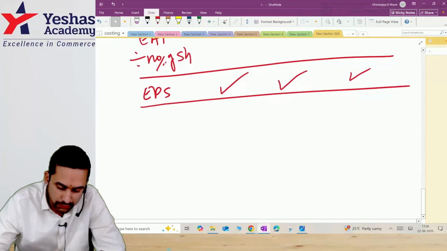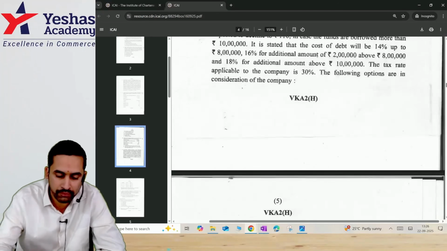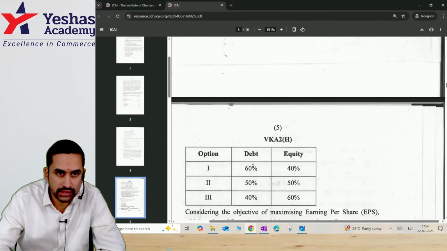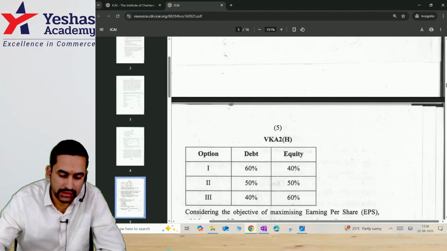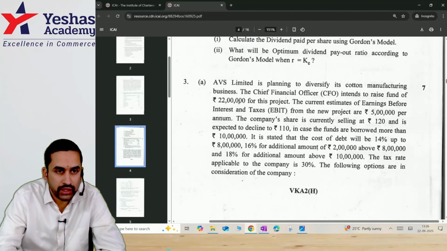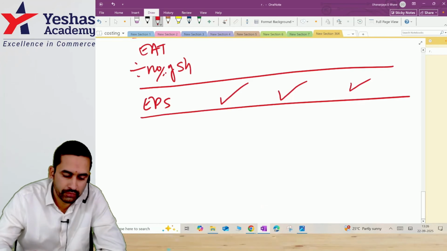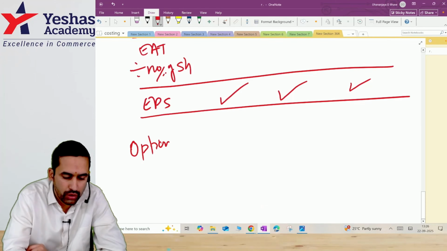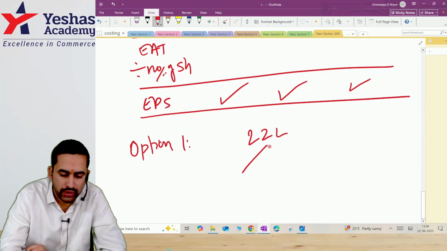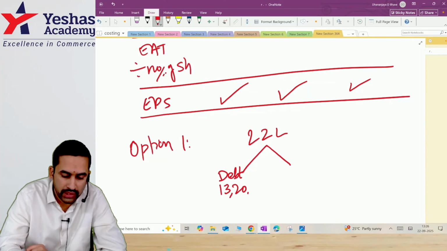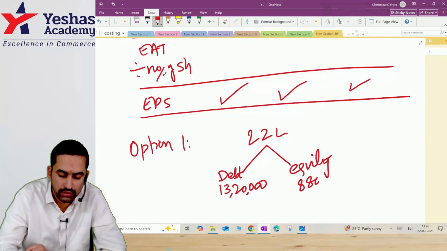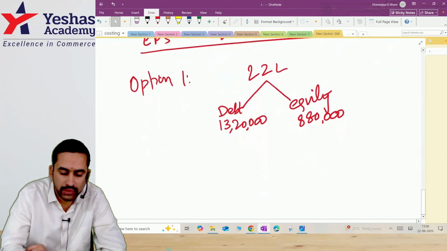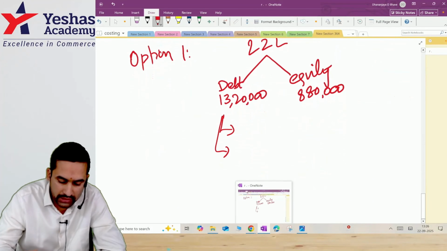What is the first plan that they're having? No, debt is 60%, correct? In Calci, total fund is 22 lakh into 60%. Option 1, out of 22 lakh, debt is what? 13 lakh 20,000. That means balance should be equity, 8 lakh 80,000. Now, how do we pay interest?